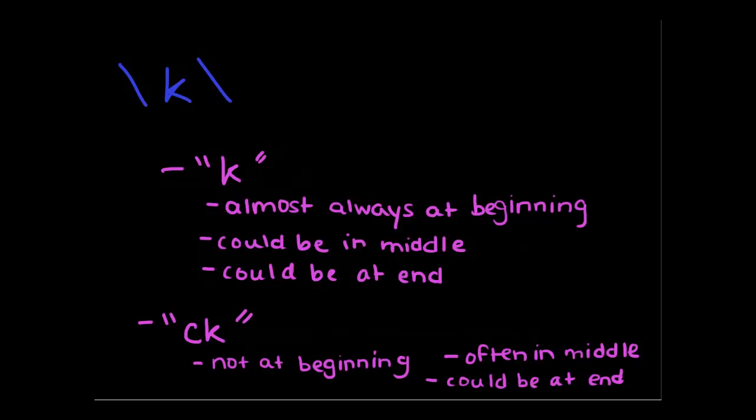An example with K at the beginning would be kobold. Kobold at the beginning. It's never going to be CK at the beginning, like I said. So at the beginning, if you hear this sound, it's going to be K. It could be K in the middle, such as Volkslied.